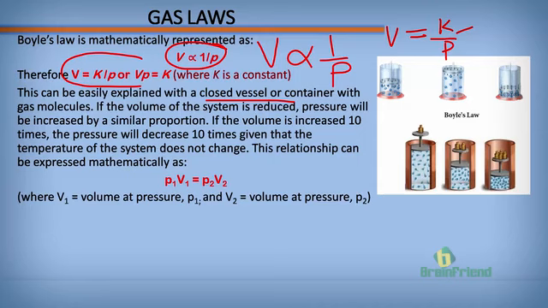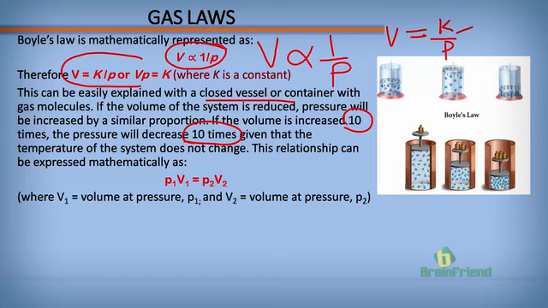So if the volume of the system is reduced, pressure is going to what? Increase by a similar proportion. So for example, if the volume is increased 10 times, the pressure will decrease 10 times. That's why we say they are inversely proportional. It is with the same proportion that the volume increases that the pressure would decrease.